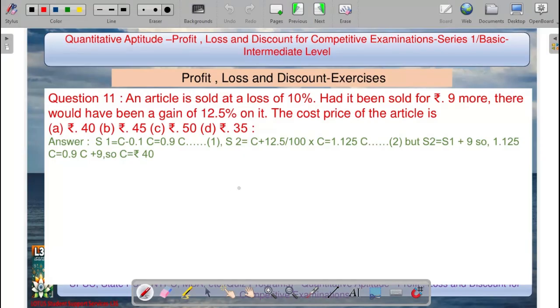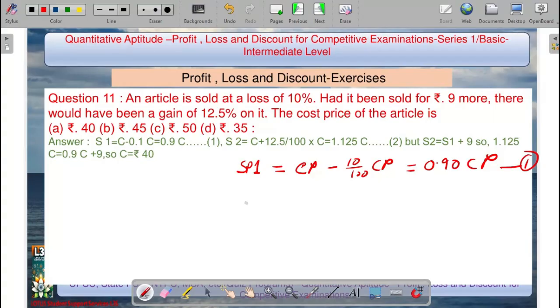So first he sold it at SP1, which equals cost price minus 10 by 100 of CP. That is 0.90 CP.